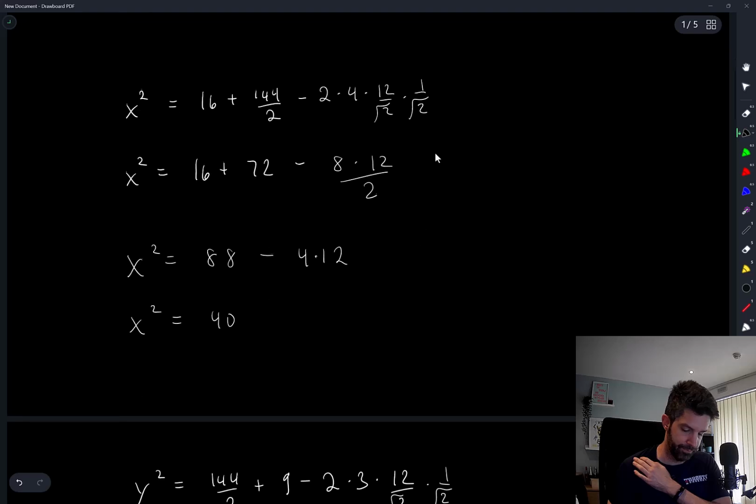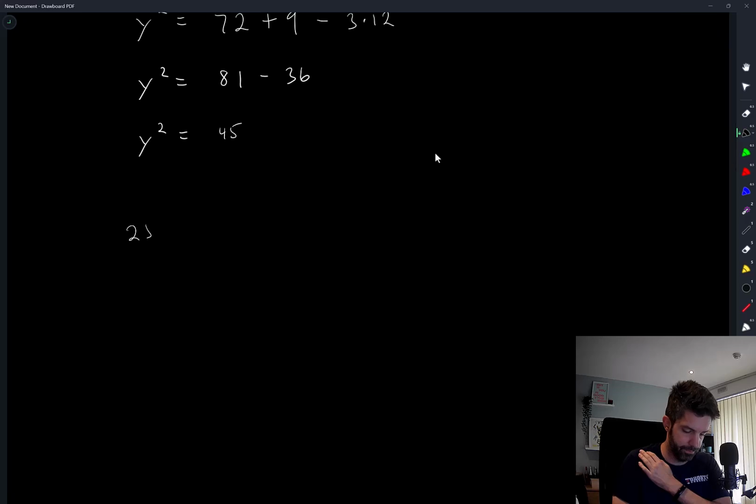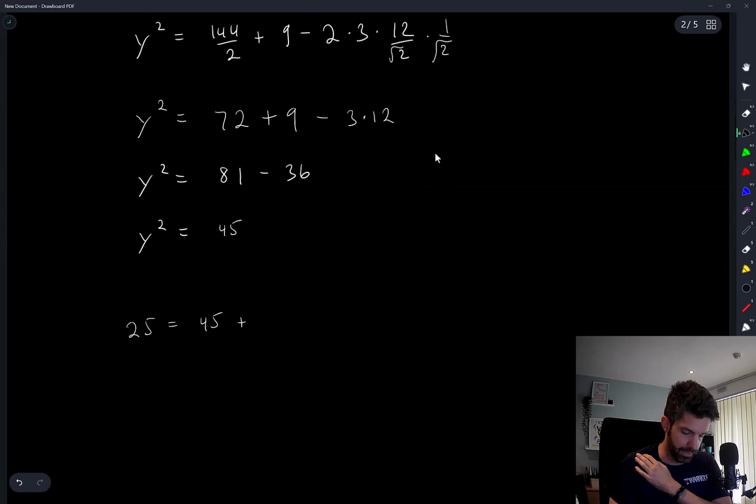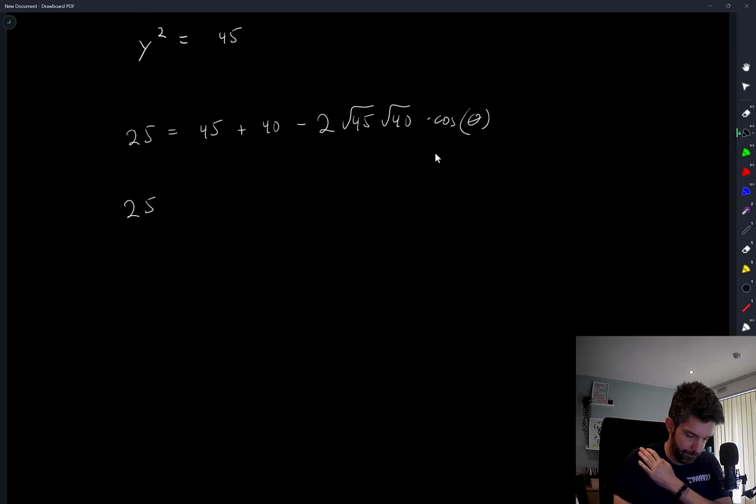We have 5 squared, so 25 is equal to 45 plus 40 minus 2 root 45 root 40 times cosine of theta. Why am I so bad at addition today?